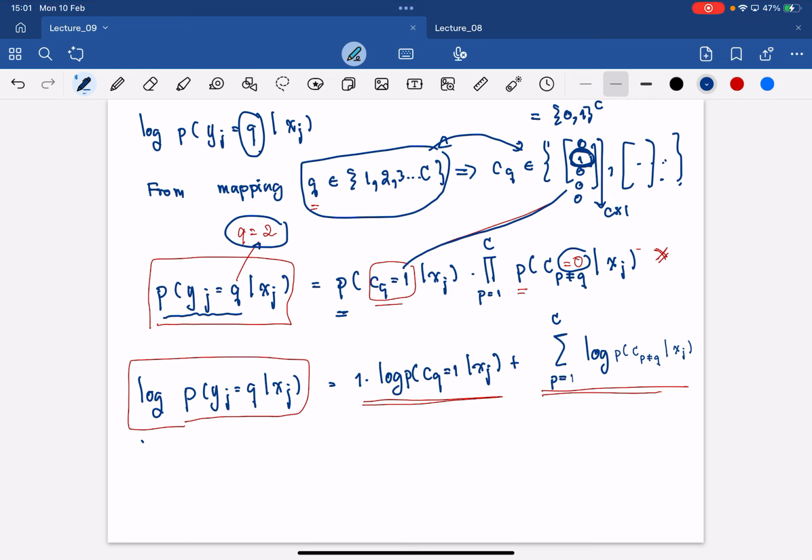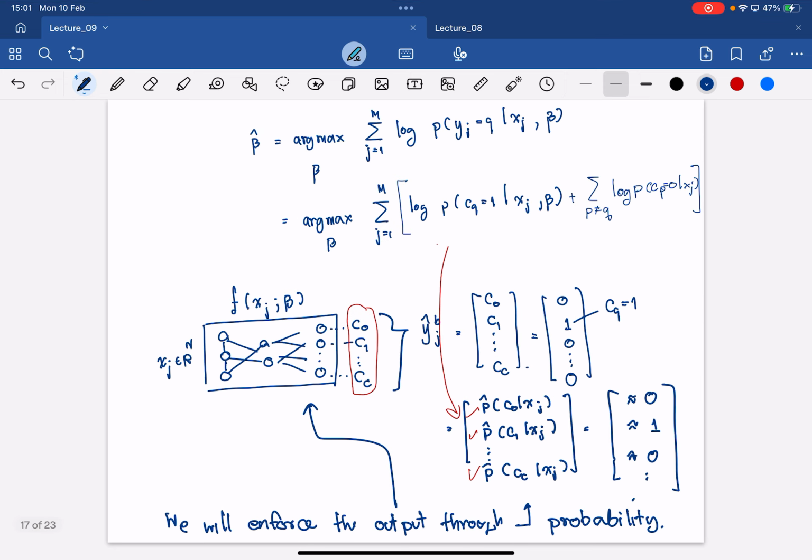Then you can see that we can differentiate this term out of the rest. The rest are the other coefficients that will have value equal to 0. After that, we may plug them in. So that becomes our loss function for multi-class classification.